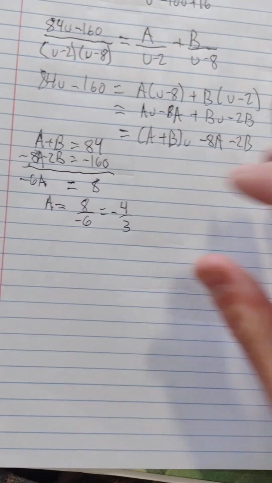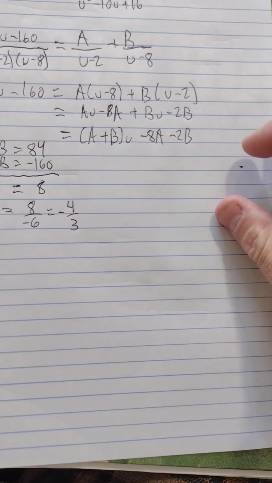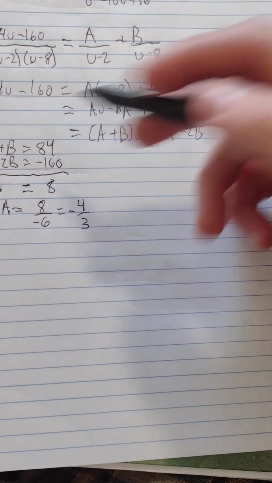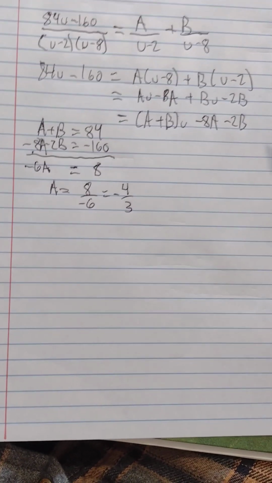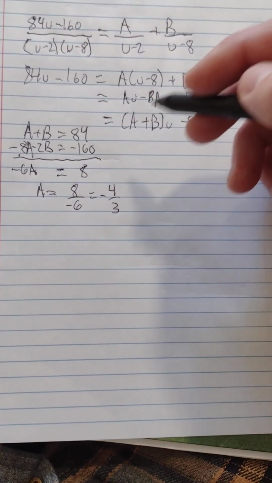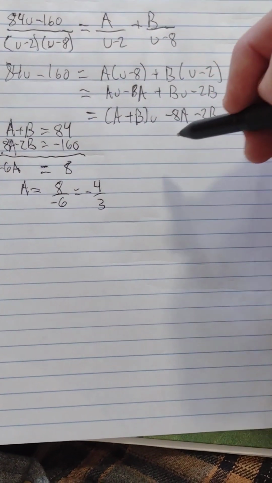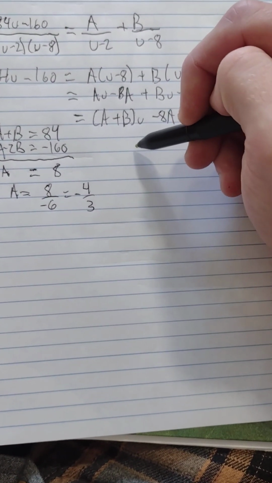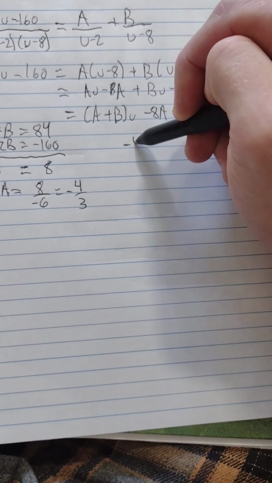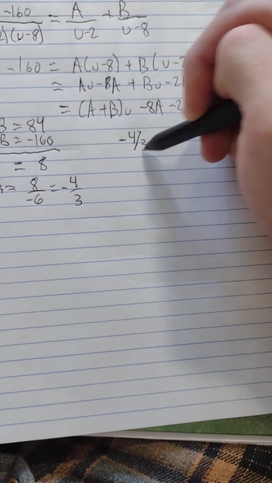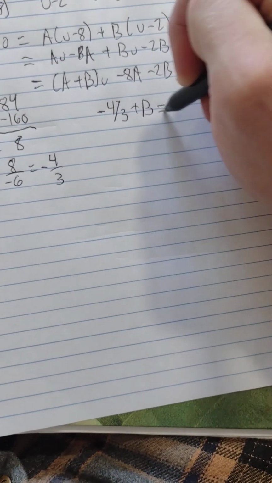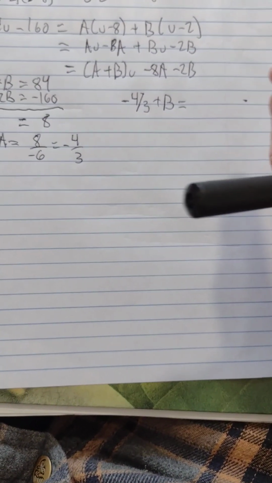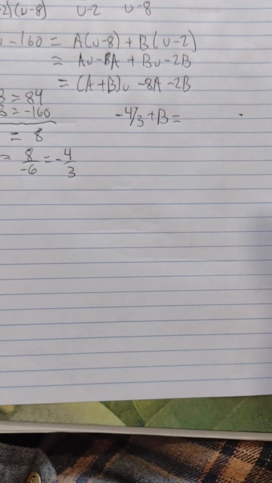So we need to get this 84 in terms of thirds. So we have negative 4/3 plus b, and then 84 times 3 is 252.